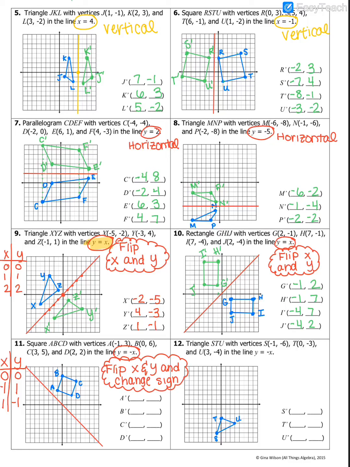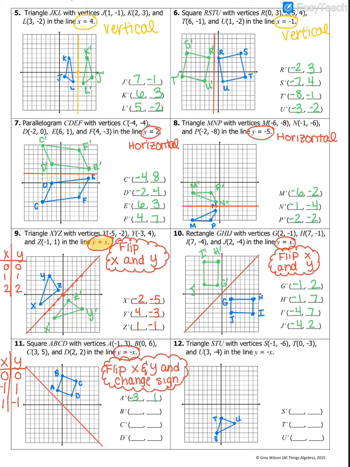All right, so again, you don't want to try to graph this first and then find the points. You want to find the points. So we're going to flip-flop the x and the y value. So I'm starting with A, which is -1, 3. Okay, so if I just flip-flopped them, then it would become 3, -1. However, we also have to change the signs. So it's going to become -3, +1.